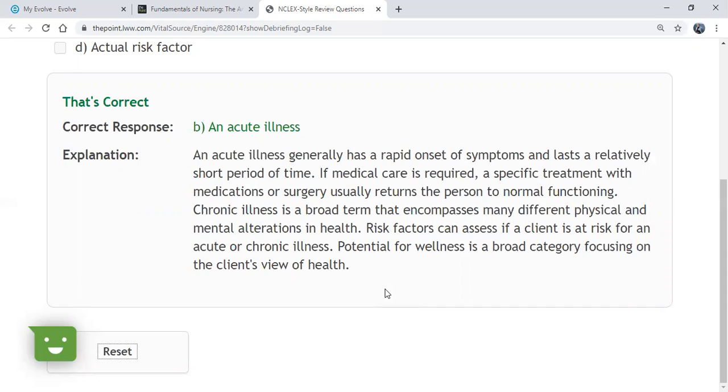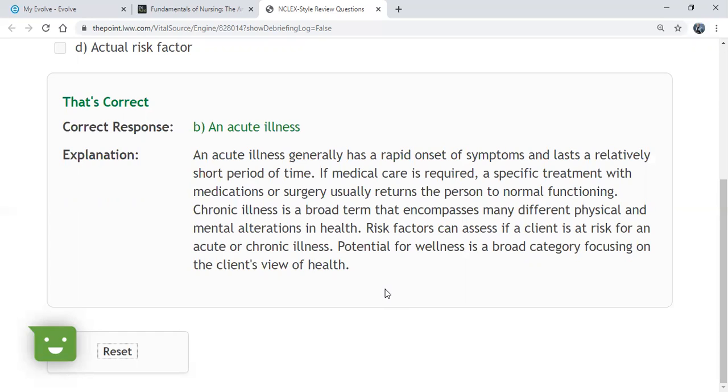What are some things that we'll see with a patient who has an acute issue versus chronic? Rapid onset. Fever. It comes on fast. Something like pneumonia or flu, versus something like rheumatoid arthritis, which is gradual.